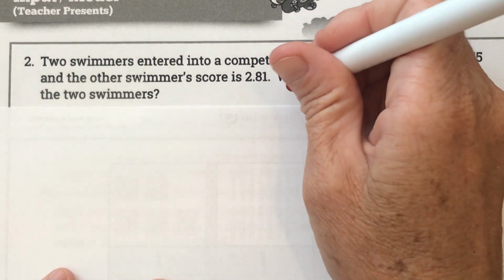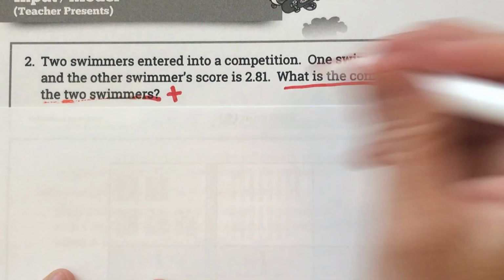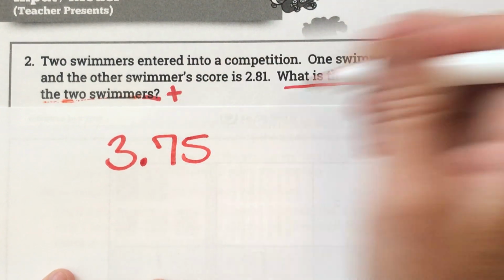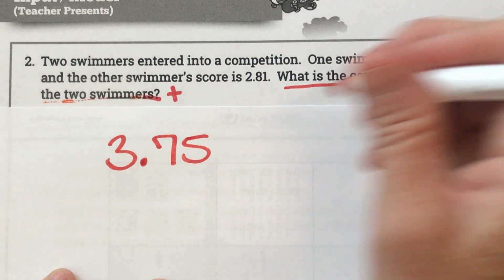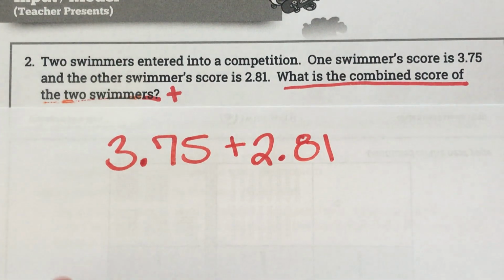When they ask what is the combined score, that makes it an addition problem. So my expression is 3 and 75/100 plus 2 and 81/100.